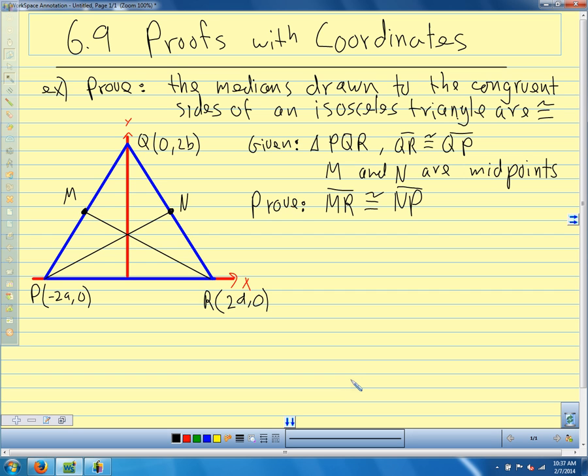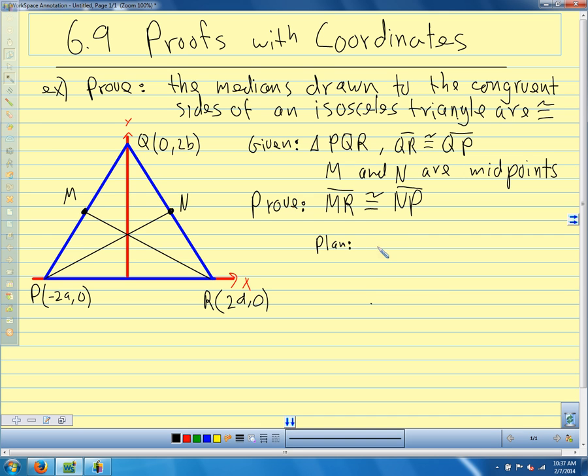So let's come up with a plan first. To show that these two segments are congruent, what are we going to need to use? We have two segments. We want to know if they have the same length. So what does that tell us we need to use? Distance formula, just like we did on the opener. So our plan, not plane, plan.